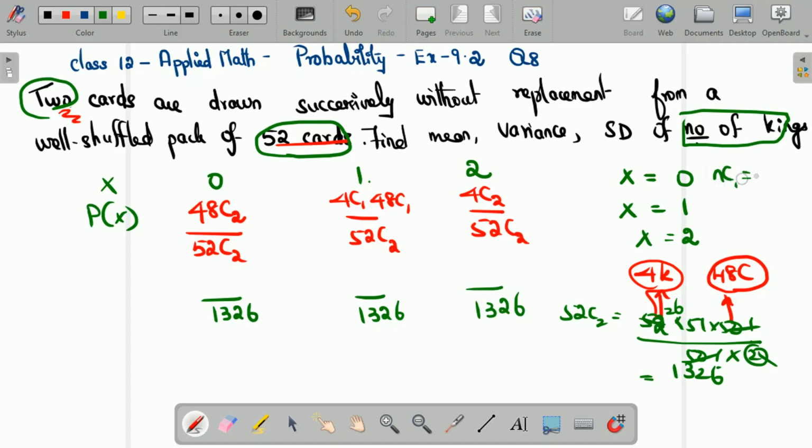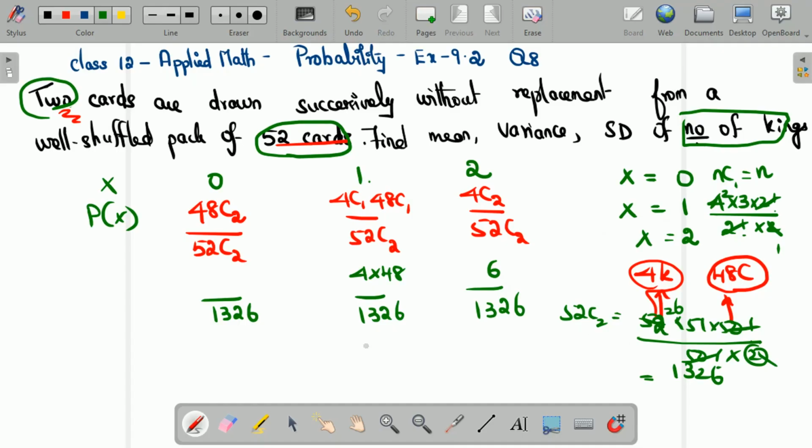I'm picking this for calculation first. So NC1 is equal to N. So in this case, it is 4 into 48 because both are NC1s. Now let's calculate 4C2. So this is 4 into 3 into 2 factorial divided by 2 factorial into 2. So 2 factorial and 2 factorial will vanish. So this is 1 times 2, so this is going to be 6 divided by 1326.